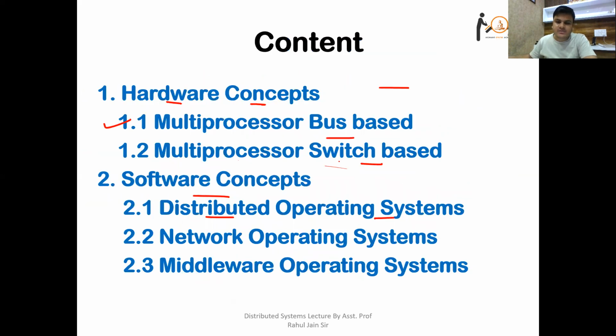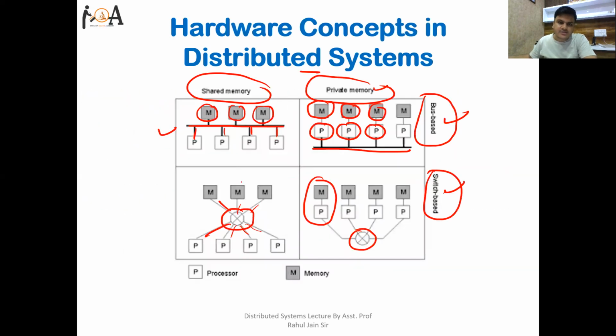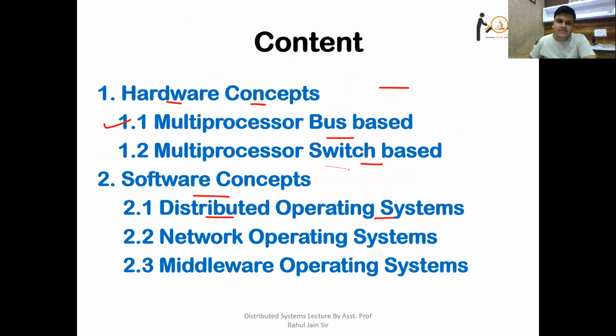After that, in the multiprocessor switched systems also, we have seen that they are attached in shared memory manner and in private memory manner. And the software concepts system basically consists of three important operating system services: distributed operating system services, network operating system services, and middleware operating system services.